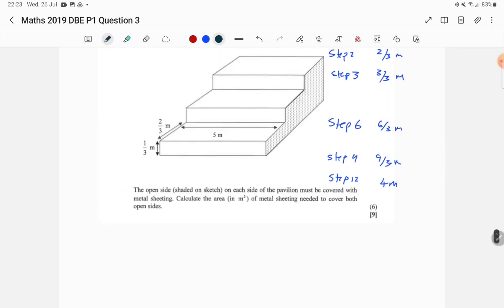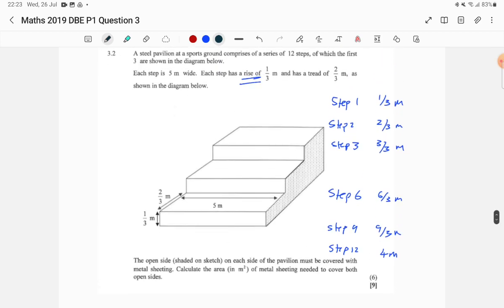The first step, and the understanding is that the thread is 2 over 3 throughout. So every single step has a thread of 2 over 3 meters.